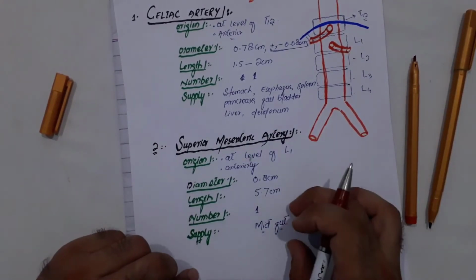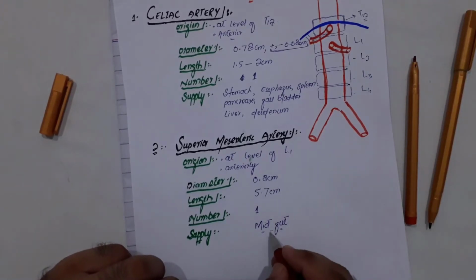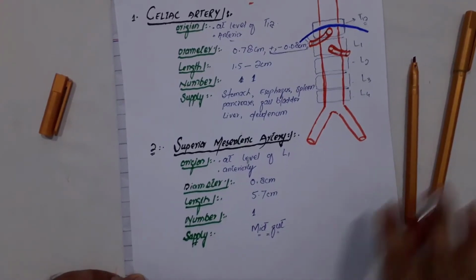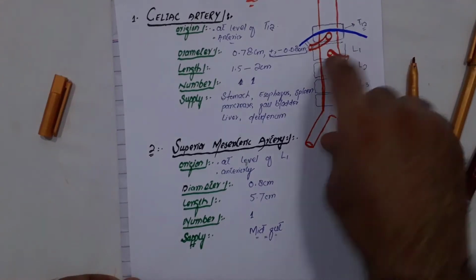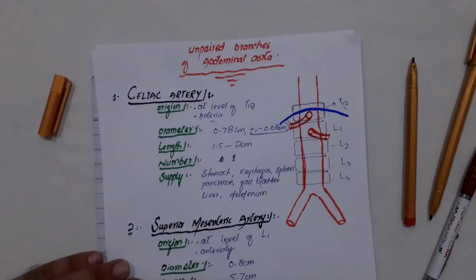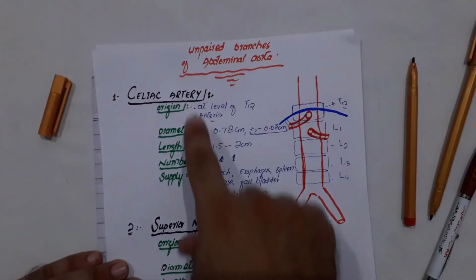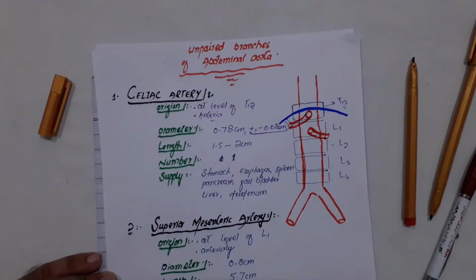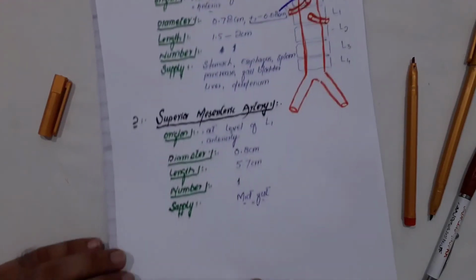So here we are just writing that it supplies the midgut, right, friends? So this was about the second big branch which arises from the abdominal aorta. The unpaired branches: the first one is the celiac artery, the second one is the superior mesenteric artery.